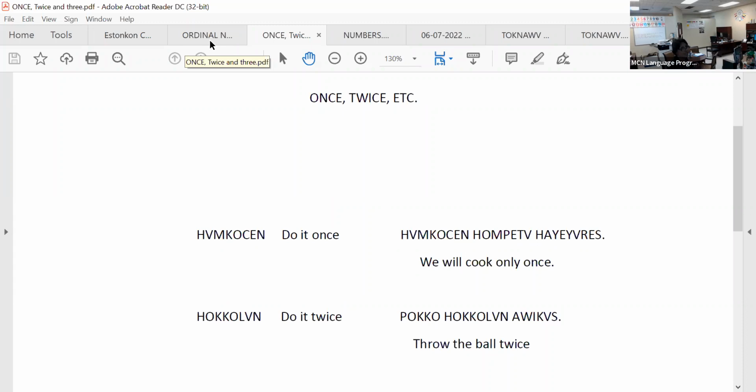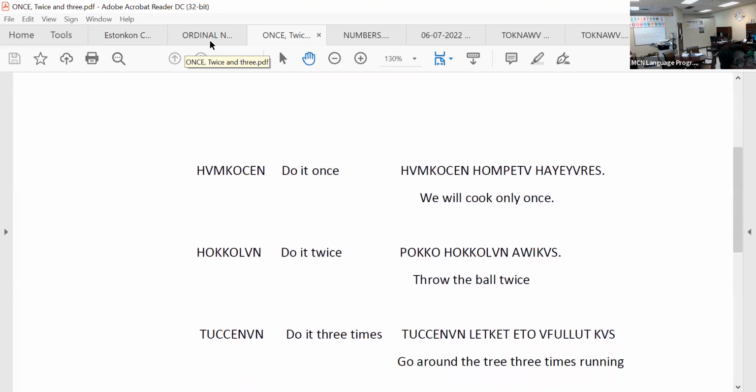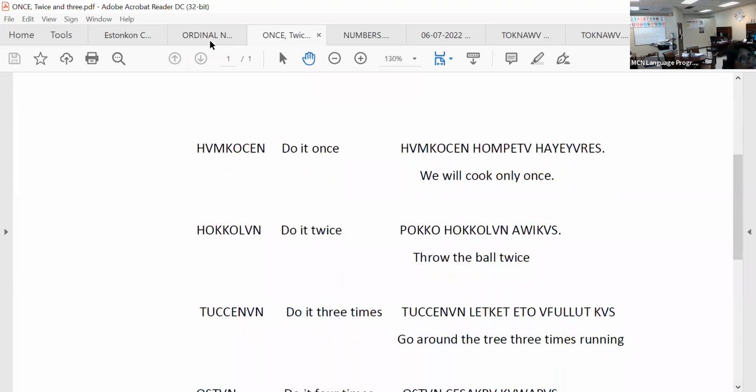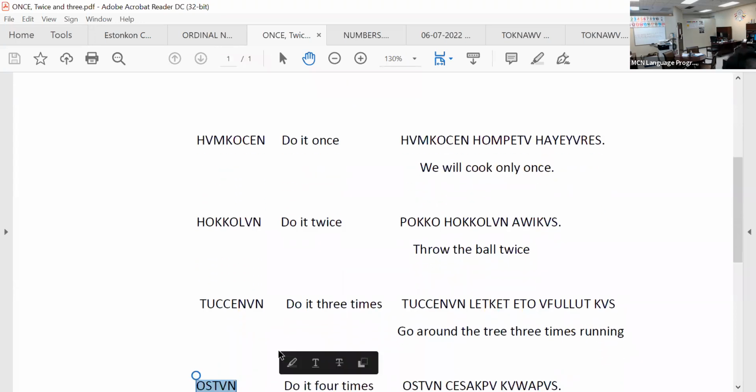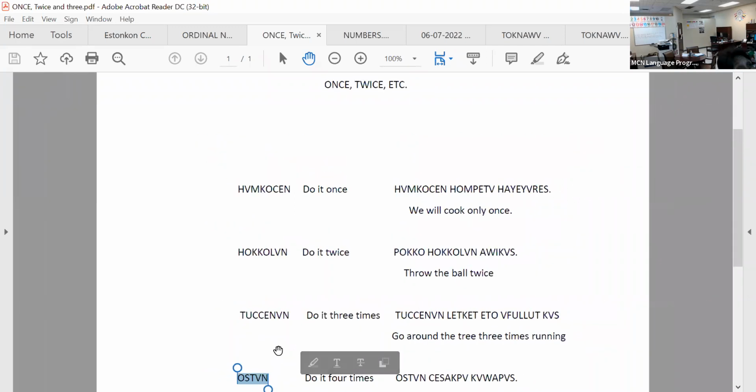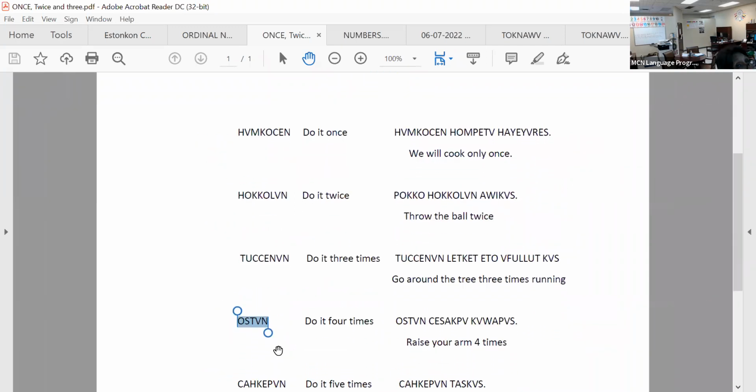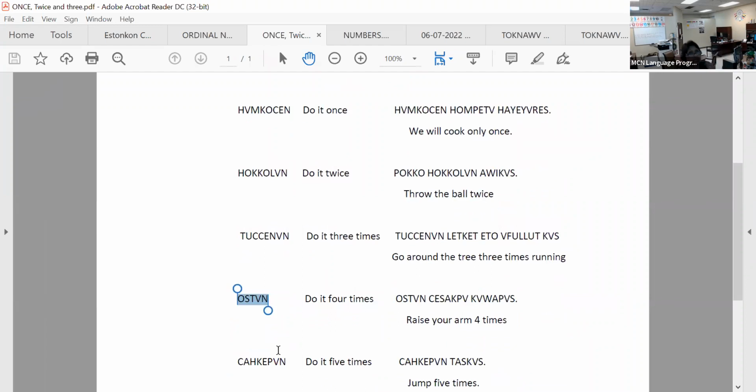See how that's used? Hokolan, see how these change? Do it twice. Hokolan, boko hokolan, awegas. Throw the ball twice. Now this all has to do with numbers, guys.